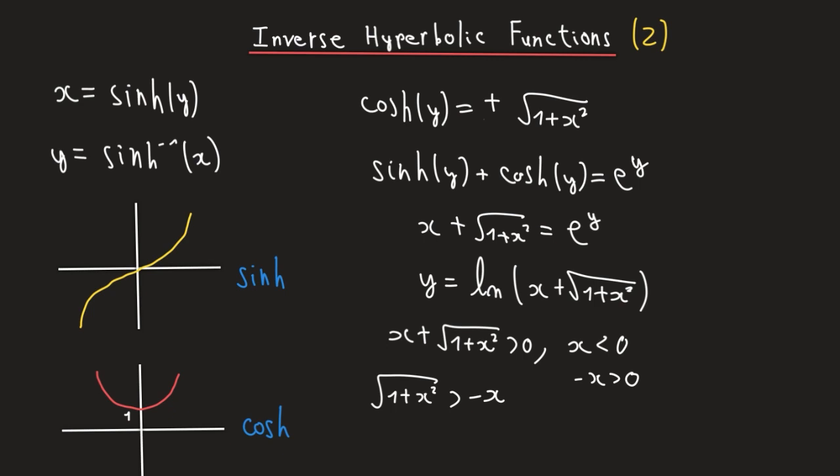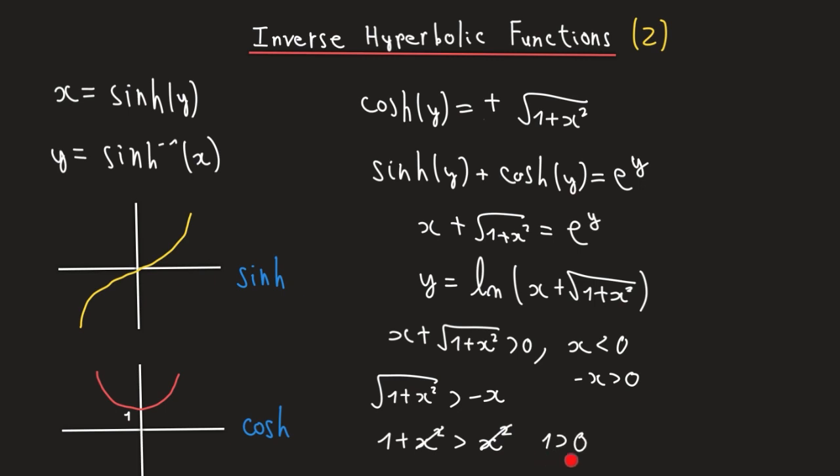Now, since we have a positive number on each side of the inequality, we can square both sides without any problems, and so we have that 1 plus x squared is greater than x squared. Now, canceling the x squared terms, we get that 1 is greater than 0.